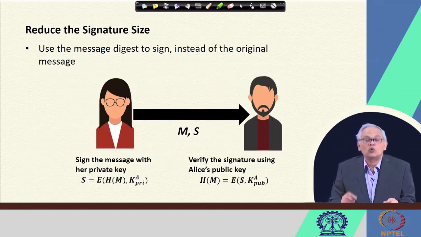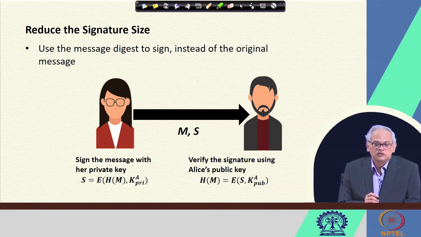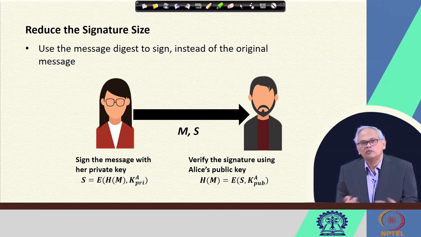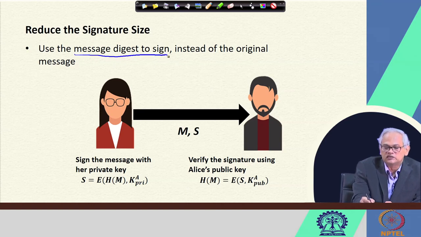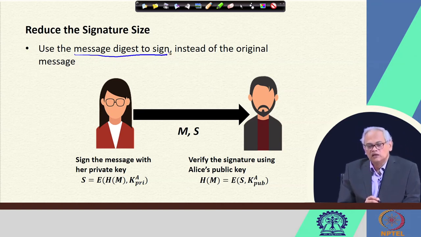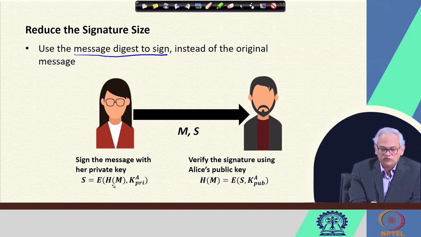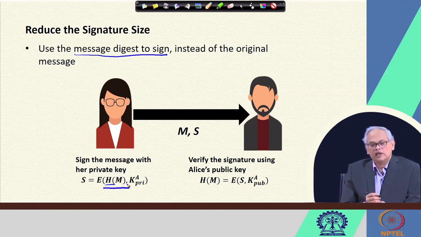And if that is the case, what can also be done is that instead of encrypting the entire message m using Alice's private key, we first generate a message digest for signing instead of the original message. So, we have the original message m, from there we first get its digest hm.